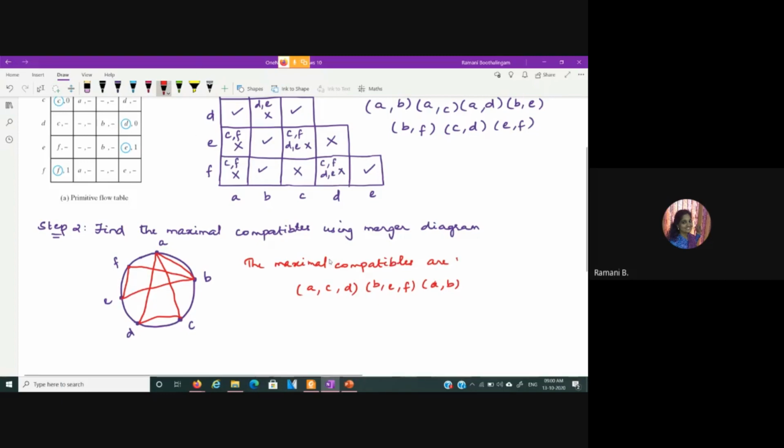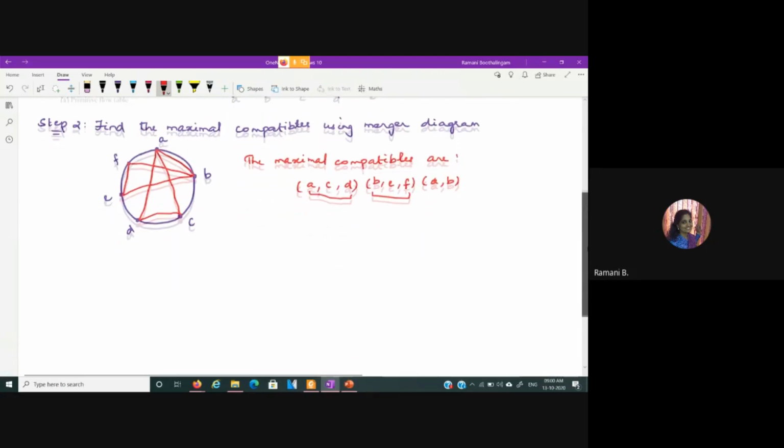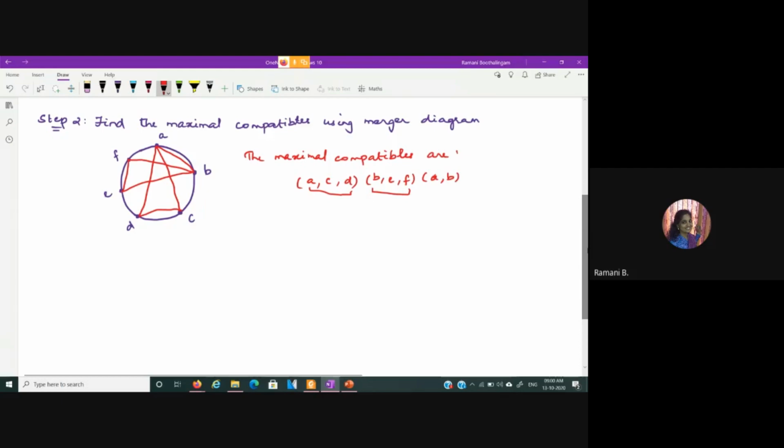However, in this, if you check, all these 6 states are covered with these combinations itself. That is, we can say A, C, and D are equivalent, B, E, and F are equivalent. You actually don't need this particular thing. So for that, actually, we go for the closed covering condition. So this is our maximal compatibility. So whatever shapes you have in the merger diagram, we need to write those. Okay.